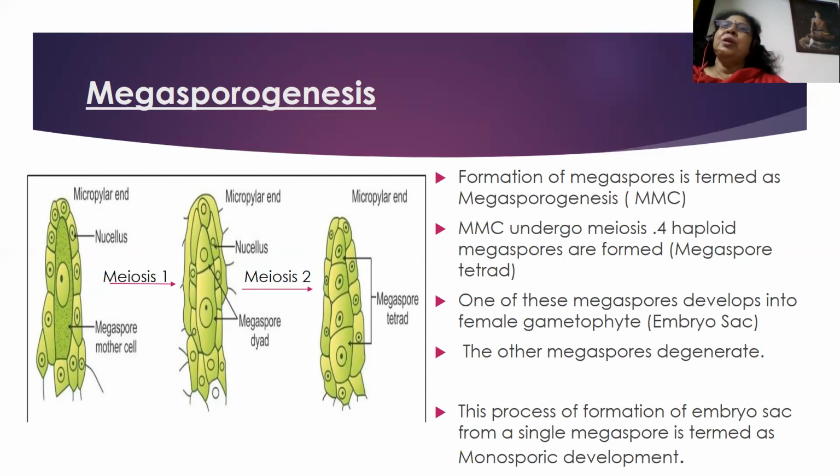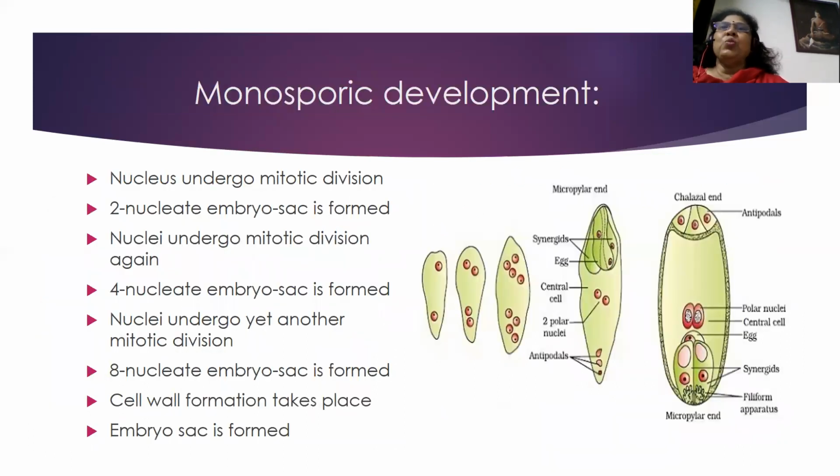This stage is known as megaspore dyad, and then it undergoes meiosis 2 to form 4 megaspores, which is known as megaspore tetrad. Out of these 4 megaspores, 3 degenerate and only 1 remains, and that's why the development of this megaspore is known as monosporic development.